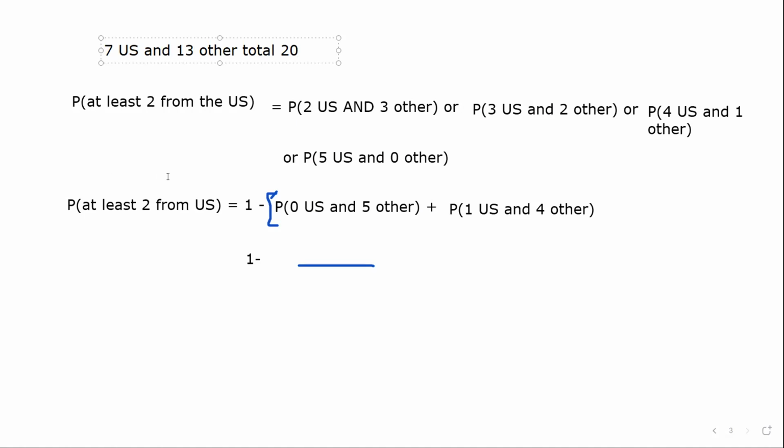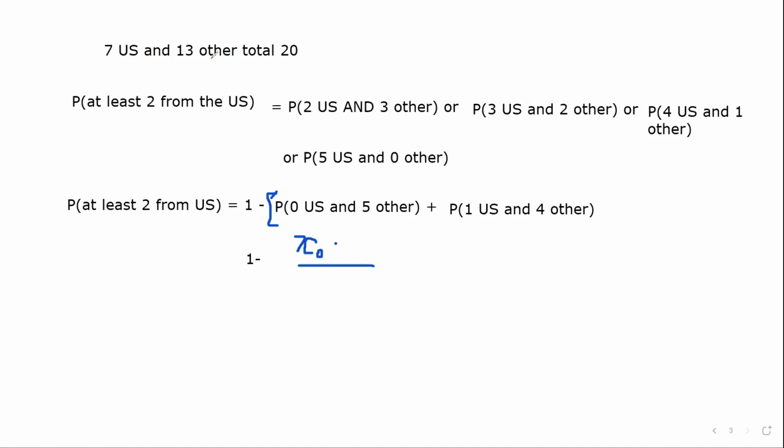So here we have none from the US. From our US group, this is going to be 7 choose nothing, because we're not choosing any from the US, and times means multiply, 5 other.